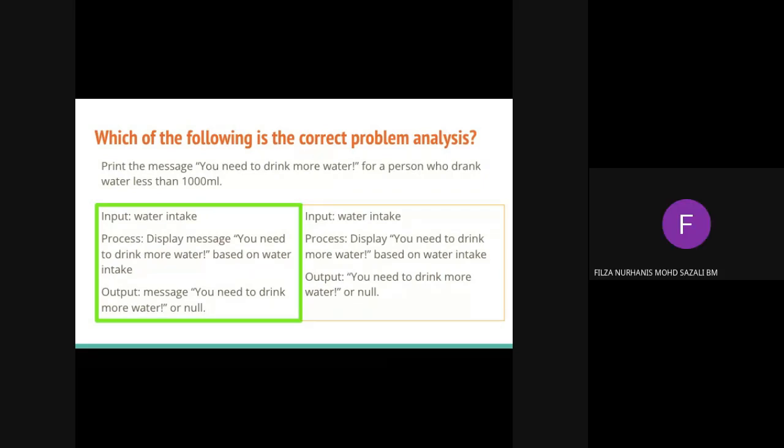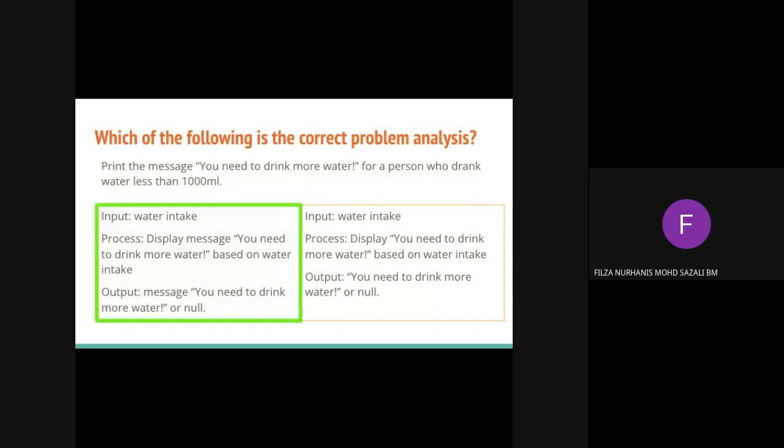Kiri pun ada tanda 2 tu kan? Untuk message kan? Tapi the difference between kiri dengan kanan, kiri ada message. So kalau tengok dekat proses tu, display message, lepas tu ada bentuk tu you need to drink more water. And then output dia message you need to drink more water. Okay, so the kiri tu ada message, kanan tak ada message. So that is the difference lah.